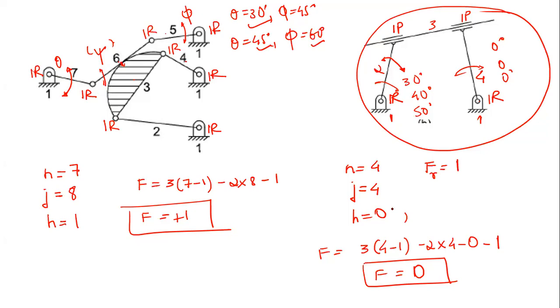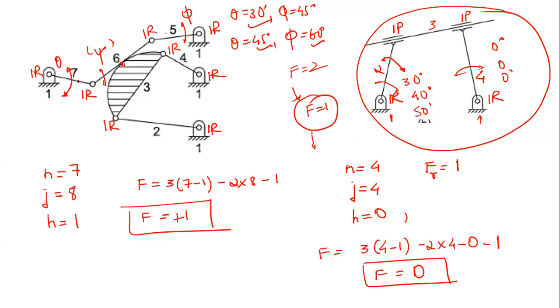See, the reason for that: if I remove this redundant degree of freedom, the degree of freedom can turn out to be equal to 1. How many links will be treated as input links depends upon the degree of freedom. If I apply the simple Kutzbach equation, I get the degree of freedom as 1. From here I conclude that only one link can be considered as an input link. If it turned out to be 2, then I could go for 2 links.